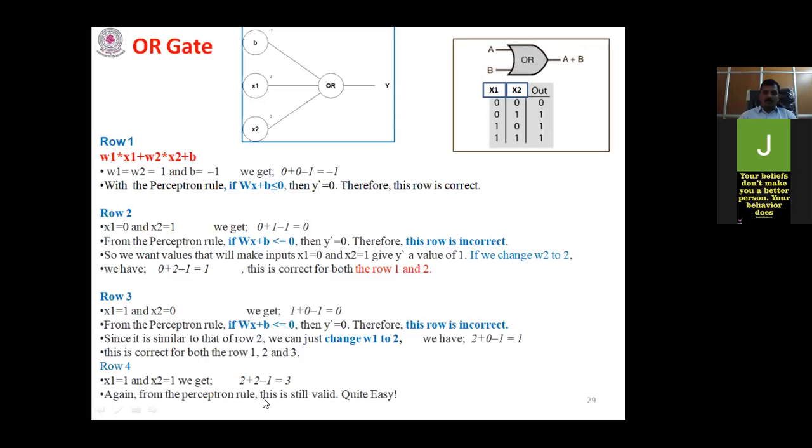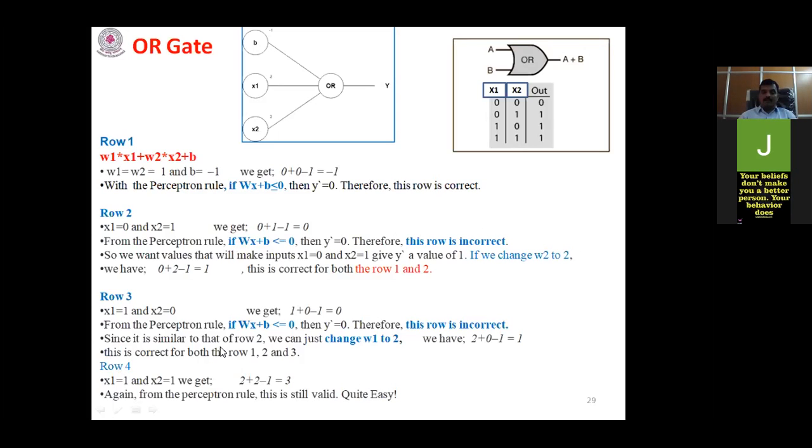So finally 3. When I apply the perceptron rule, 3 less than or equal to 0, the condition is false. When the condition is false, it produces 1. So my expected value is 1 and the target value is 1. Both are same, so here there is no need to change the weightages or bias.